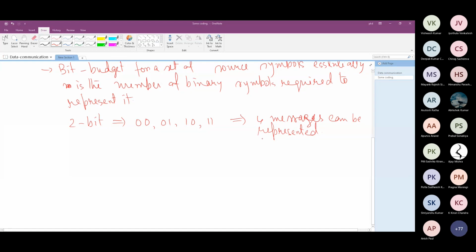If I have 4 distinct messages, they can be represented by a 2-bit symbol, because this 2-bit symbol has 4 states. Each holding place can be 1 or 0, so that is 4. For 3 bits there can be 8 messages.